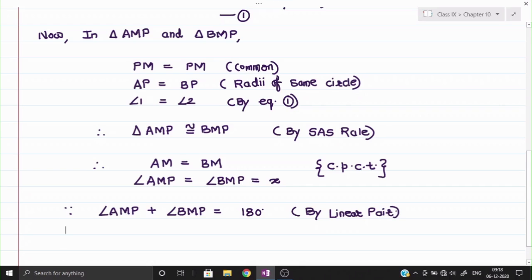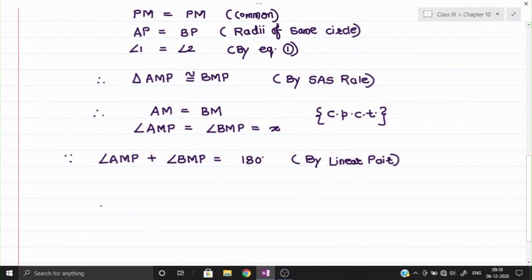Now further, angle AMP and angle BMP we can put as X and X. So X plus X is equal to 180, which implies that 2X will be equal to 180, with 2 and 180 cancelled, remaining 90. So we can say that X will be equal to 90 degree.